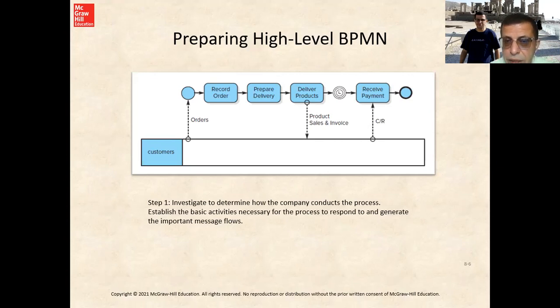So basically, in step one, you investigate to determine how the company conducts that process. Establish the basic activities necessary for the process to respond to and generate the important message flows.